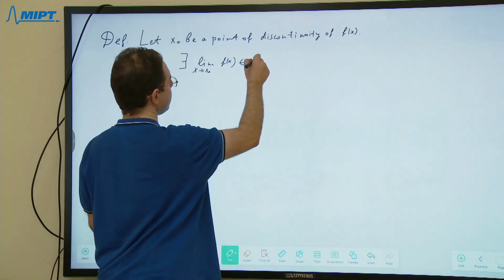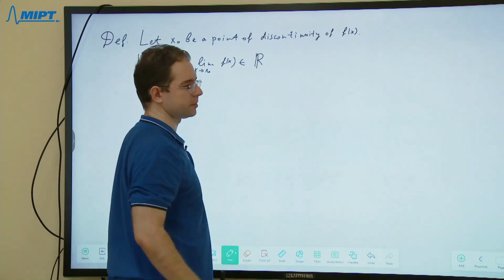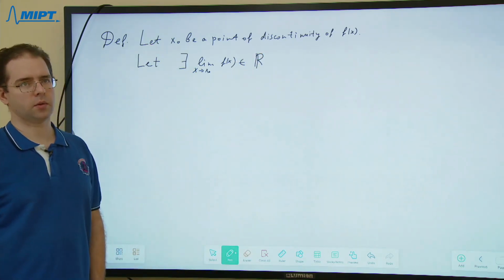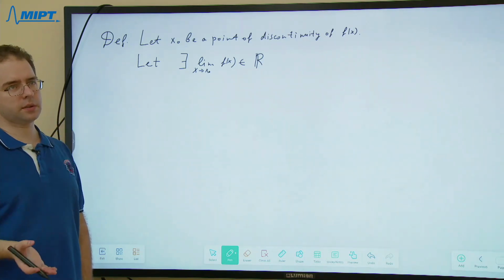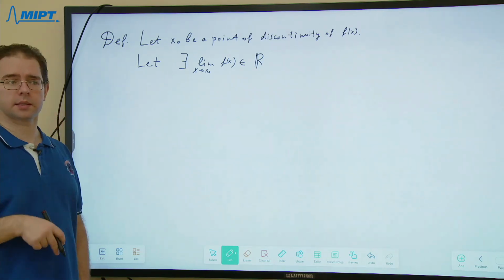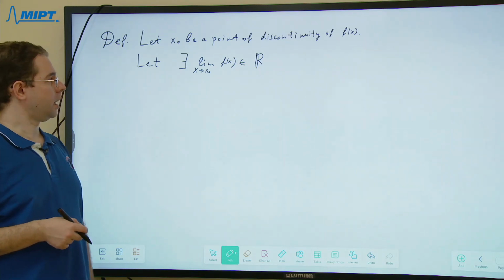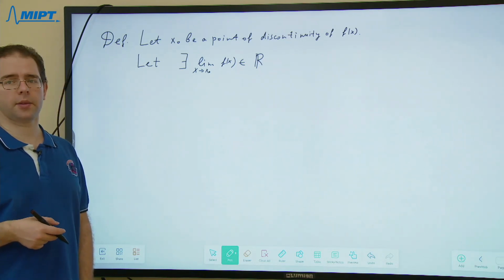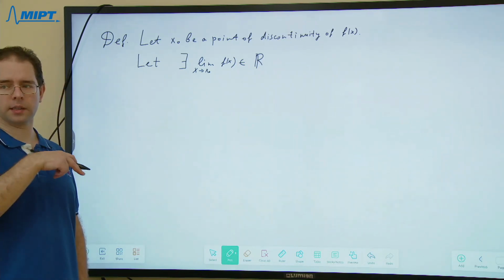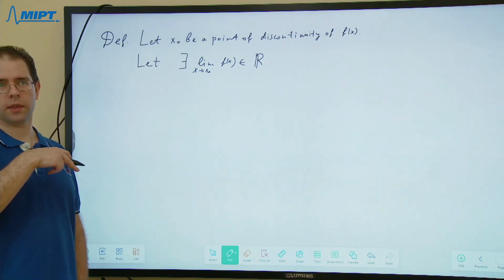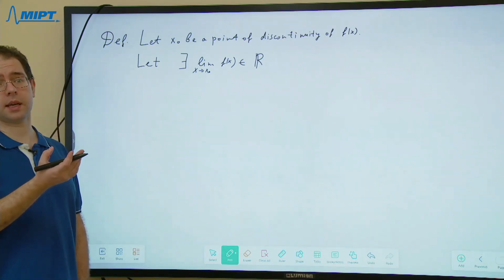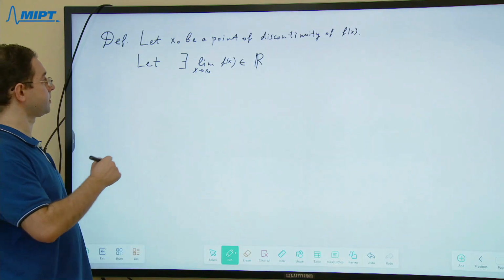This limit is a finite number, a real number. So this is a point of discontinuity, but there exists a limit. Basically, this means that either the function is not defined at this point, or the function is defined but has a different value from the limit.